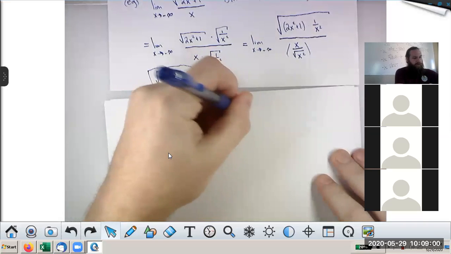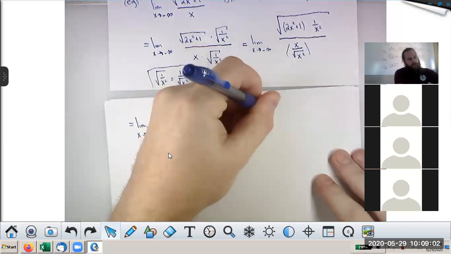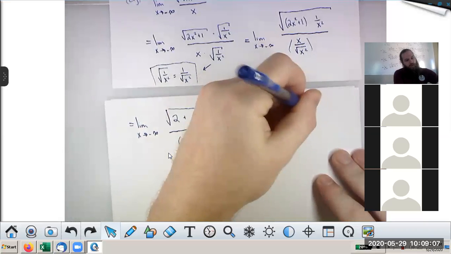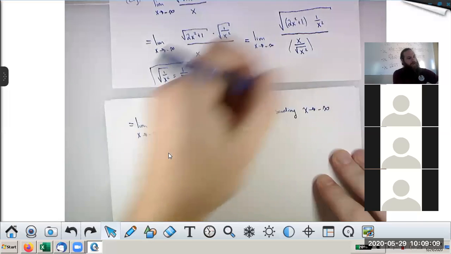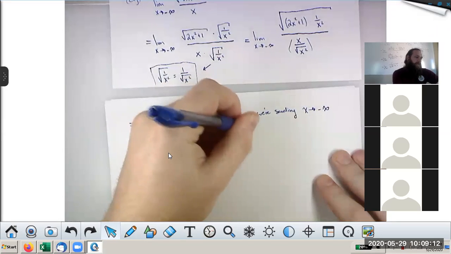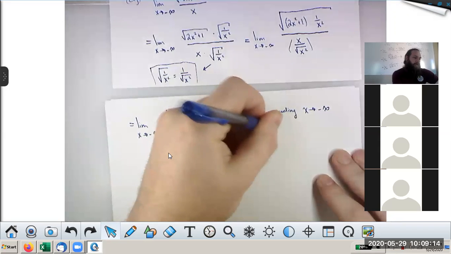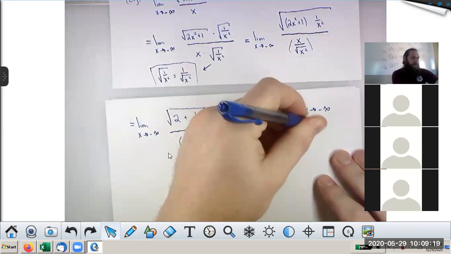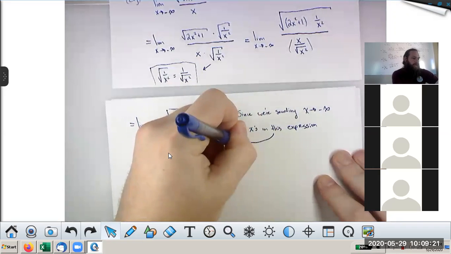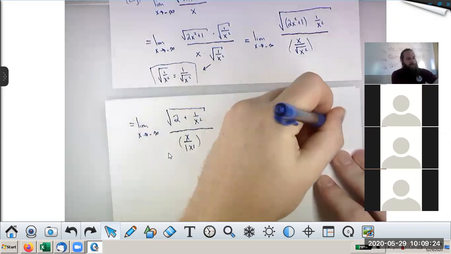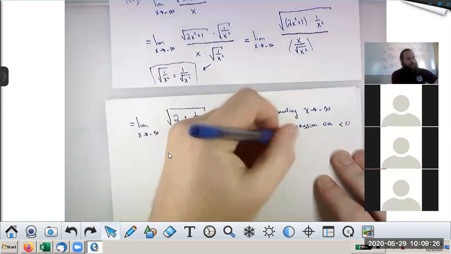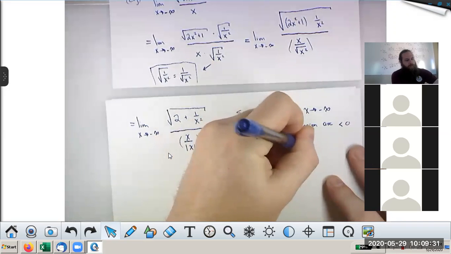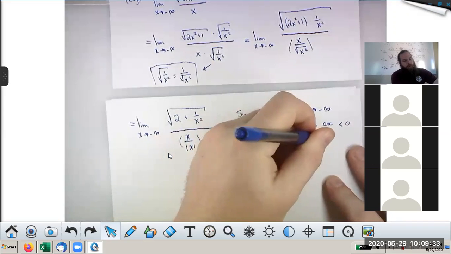Since we are sending x to -infinity, the x's in this expression are less than 0. Therefore, x over the absolute value of x is equal to -1.